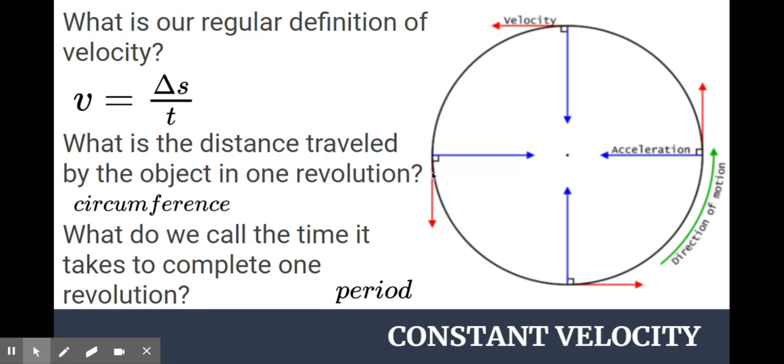So first off, a little reminder, because this is going to help us for one of the questions. This is from my uniform circular motion slides. So this is our regular definition of velocity. The distance it takes to travel one complete revolution is what we call the circumference. And the time it takes to go one complete revolution is what we call the period.